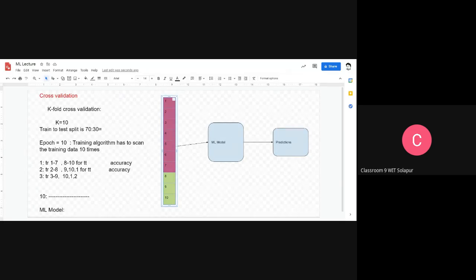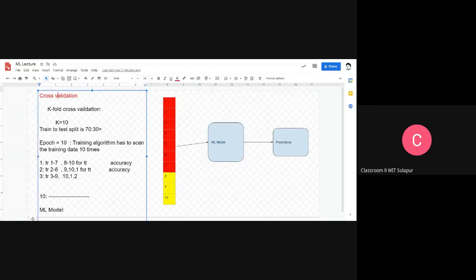So it ensures that your ML model has fairly gone through the entire data set. It has not missed out any features, it has completely made use of the entire data set, and whatever it learns will be comprehensive, its best possible attempt to learn from the data. That's called cross validation.